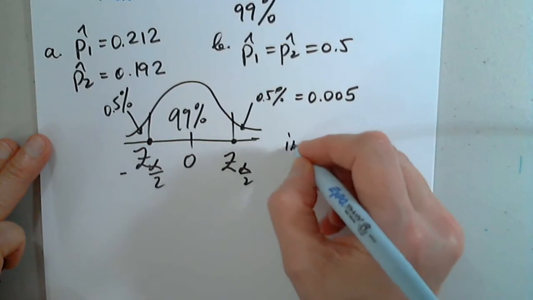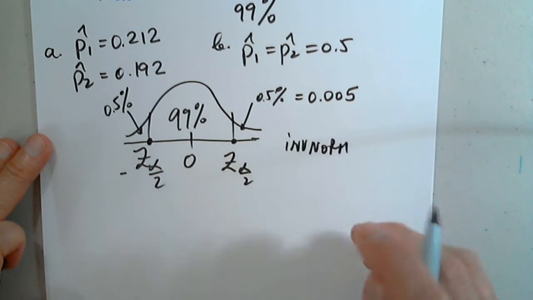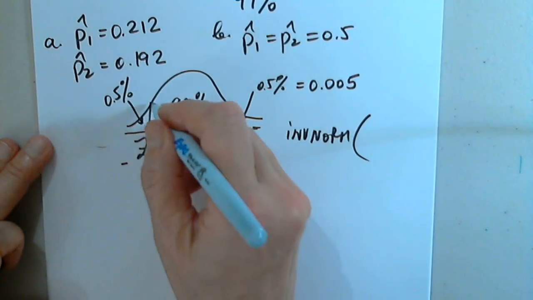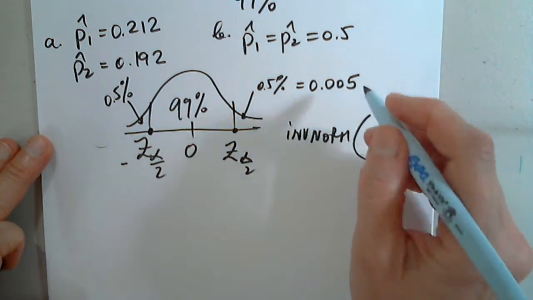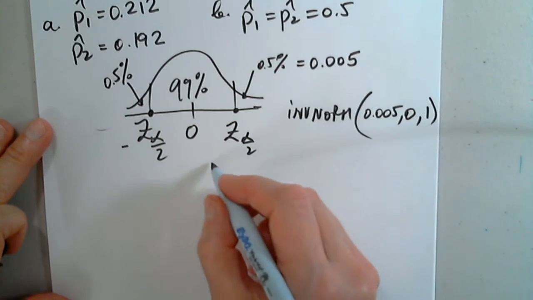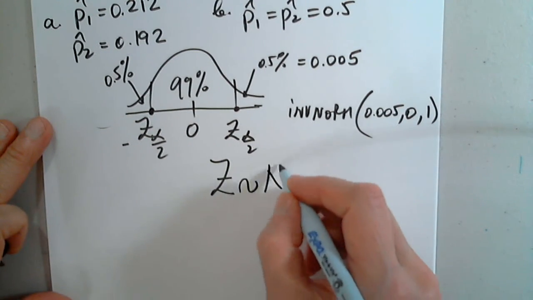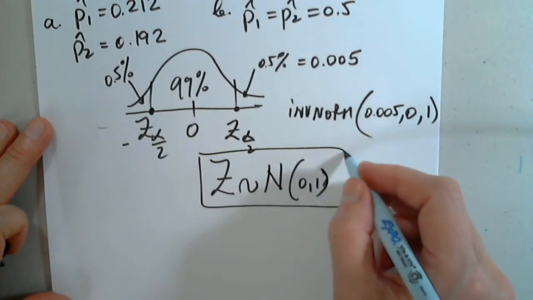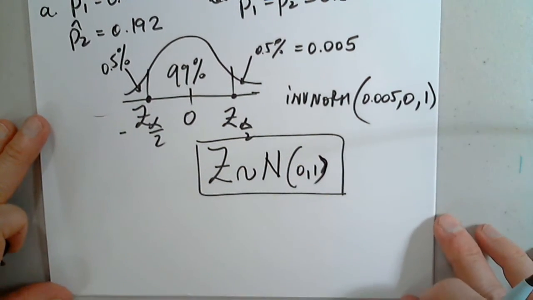I use the inv norm in the graphing calculator with the area 0.005, mean 0, standard deviation 1, because we are talking about Z. Z is normal with mean 0 and standard deviation 1. This is carved in stone, has to be remembered forever.